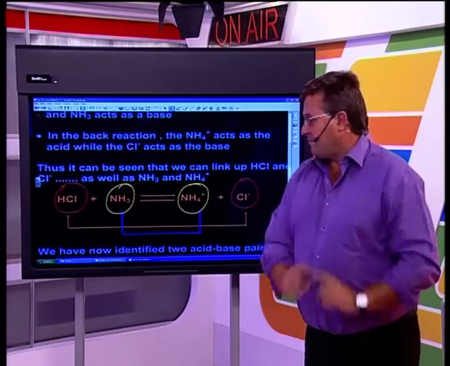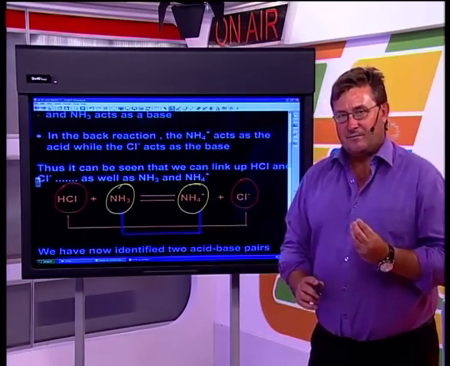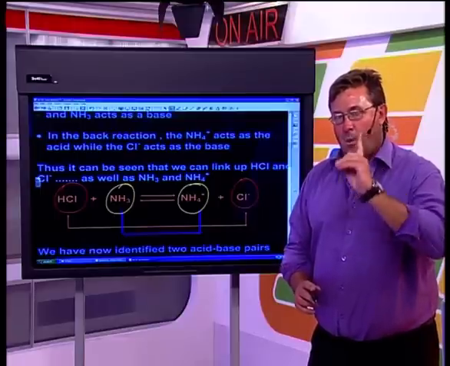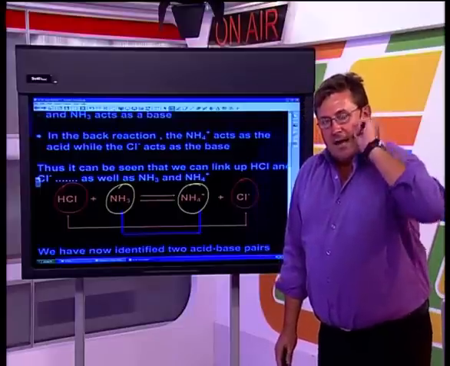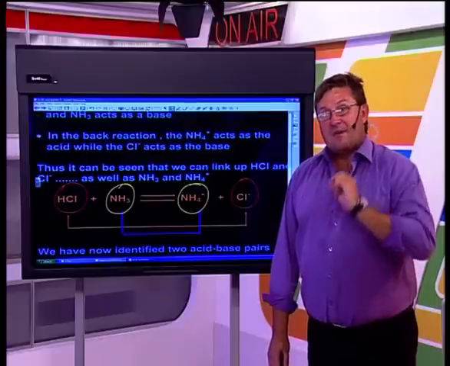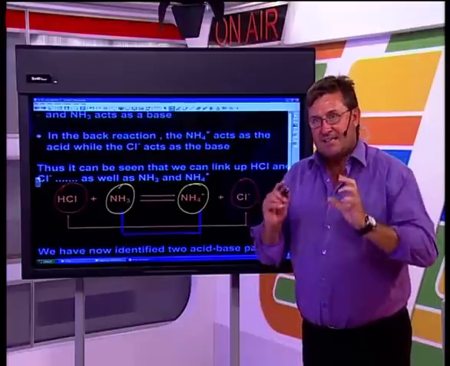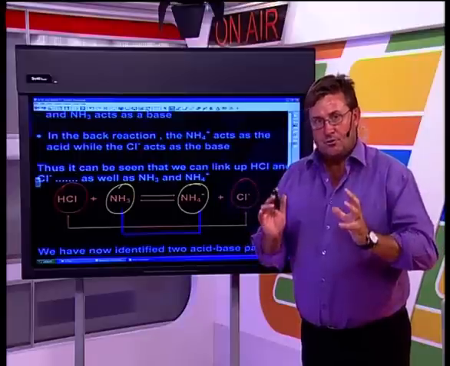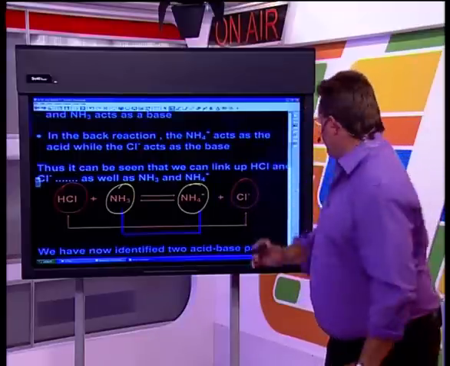Can you see now that the acid-base pairs are similar to each other, but they differ by one proton? I'll say that again. Can you see now that the acid-base pairs are similar in structure, but they differ by one proton? And that is a very easy clue to try and establish and identify an acid-base pair.